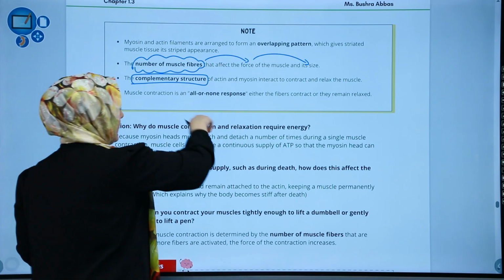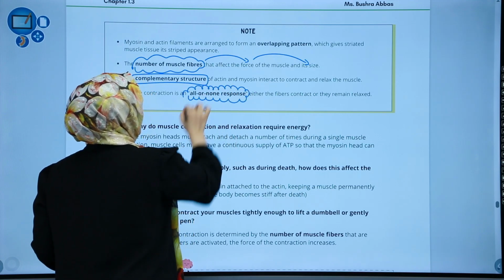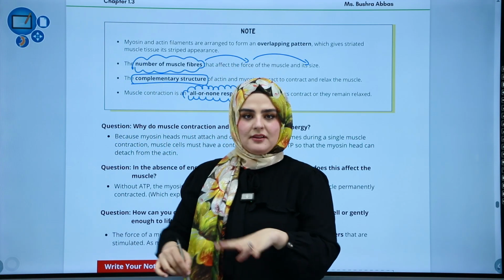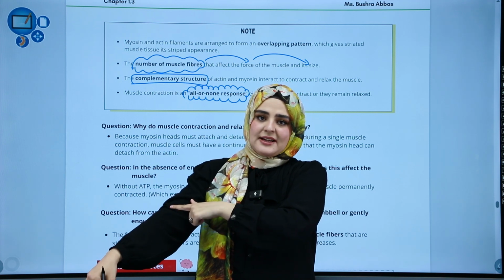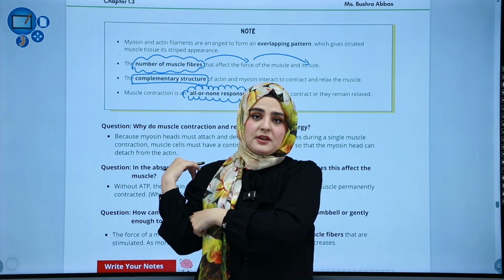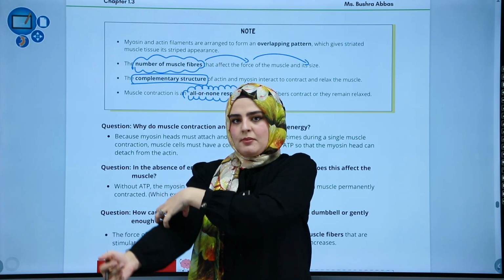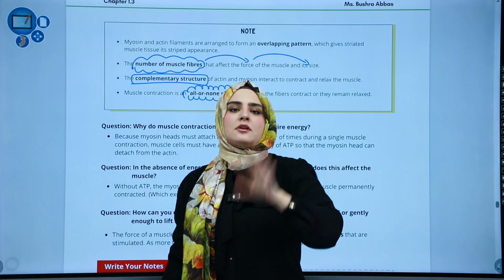Another thing, again, this is important. All or none response. See, in a muscle, for example your arm here, if one muscle contracts, all of them contract with it at the same time. Not this and this. No, this is one muscle. All of them contract at the same time or none of them is going to contract.